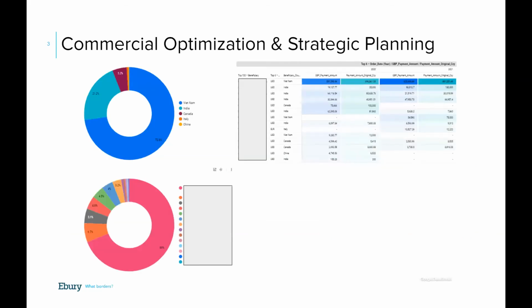In terms of payments, the same thing applies. We can use much of that data from the outgoing payments that you execute through Ebury to try to find areas where, either from a commercial or from a transactional perspective, there may be improvements.